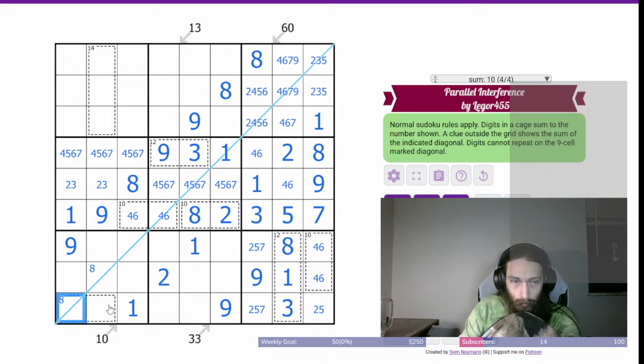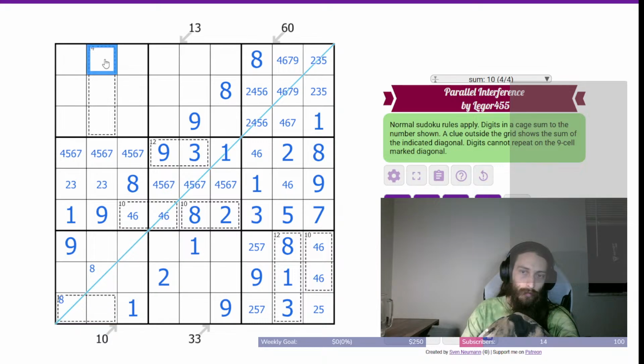Now that would be an 8 and a 2, because this is 10. Right. No particular reason why it can't be that yet, as far as I know.